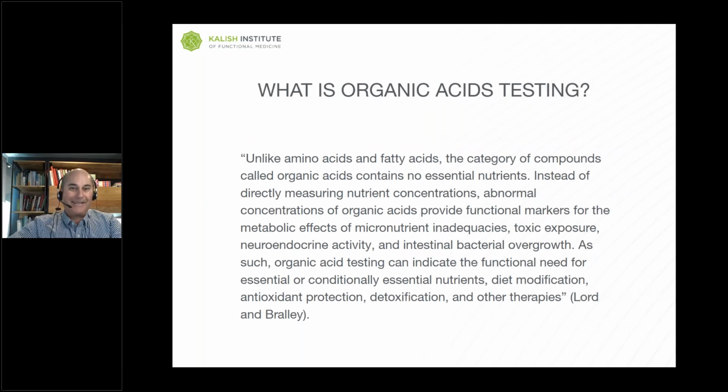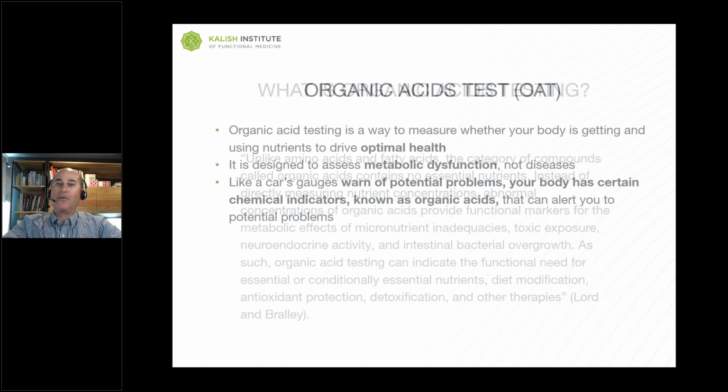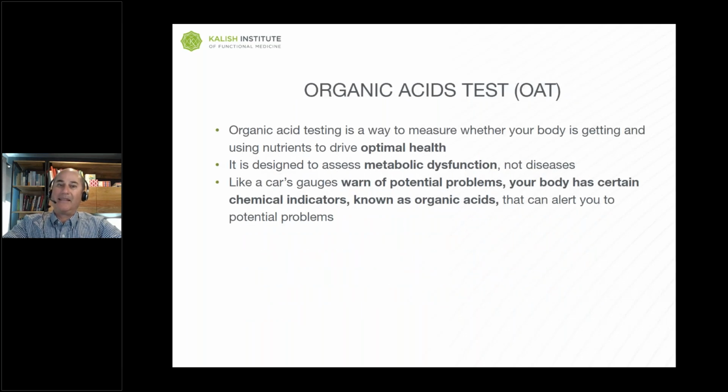So what is it? What is organic acids testing? Well, I think if you understand a little bit of the origin story, it'll make sense. When the testing was first developed, it was developed for newborn babies to determine whether they had a rare genetic disorder that was potentially life-threatening. That was in the late 1960s when Richard Lord was in graduate school.